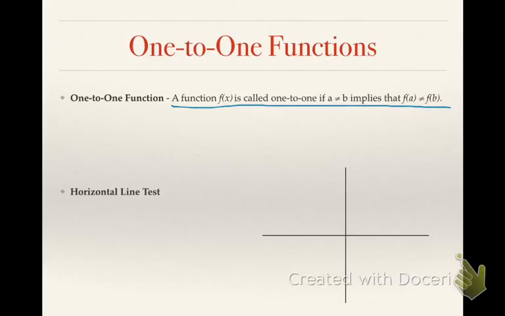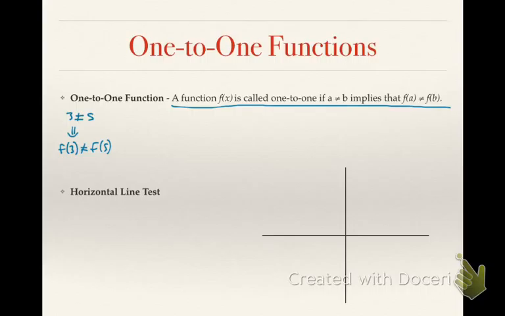So if you had, let's say, 3, which is not equal to 5, those are two different inputs, it's implied that f of 3 will not be equal to f of 5. Meaning that each output is only used once. There's only a one-to-one mapping, meaning if you go one way to the other, you have a function.